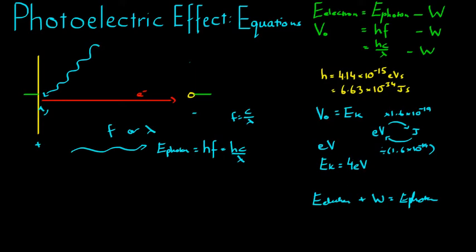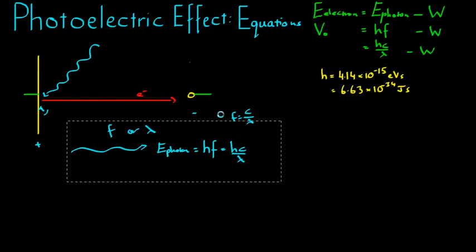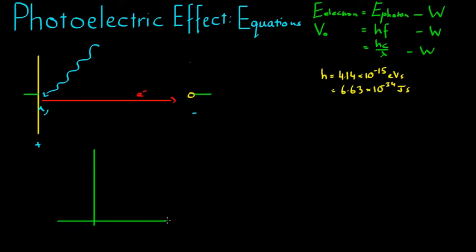Let's see how this major equation here supports some of the graphs we looked at in the first video. So there are two key graphs. The first of which was a graph of photocurrent versus voltage. And the graph looked like this. Say we were using blue light here.